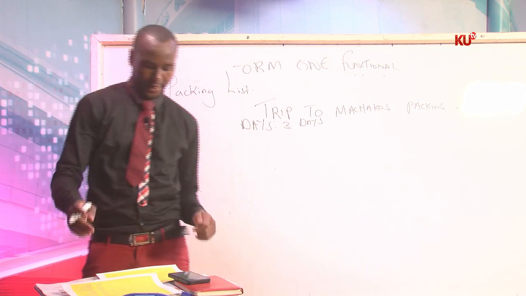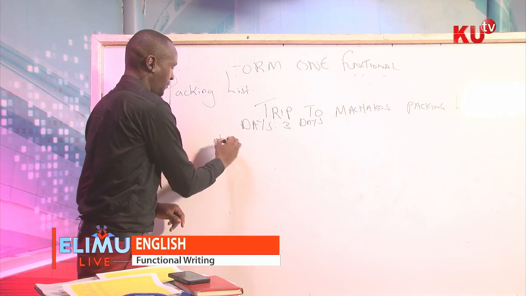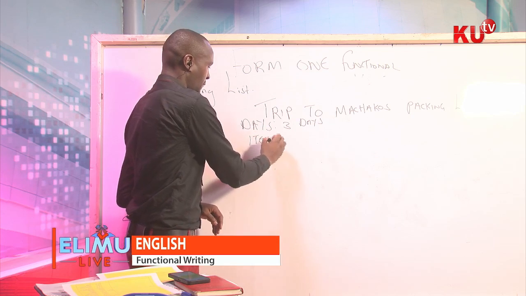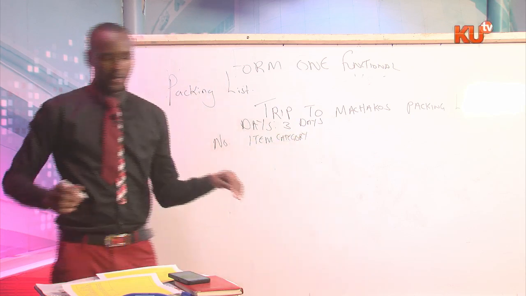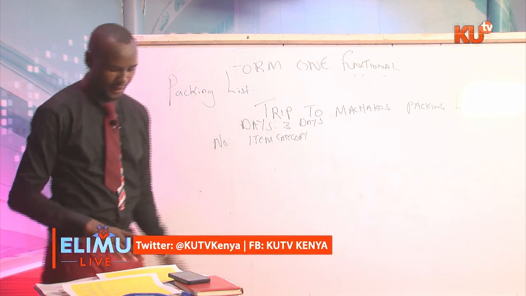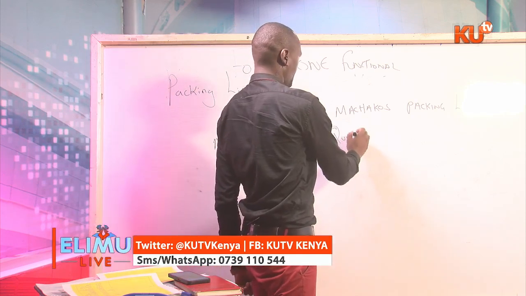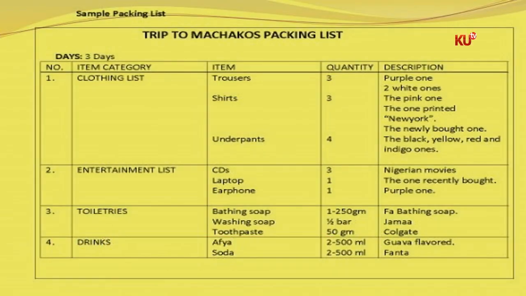And then after that, you have a column for number, a column for item, a column for item category, then a column for quantity, and now the description.